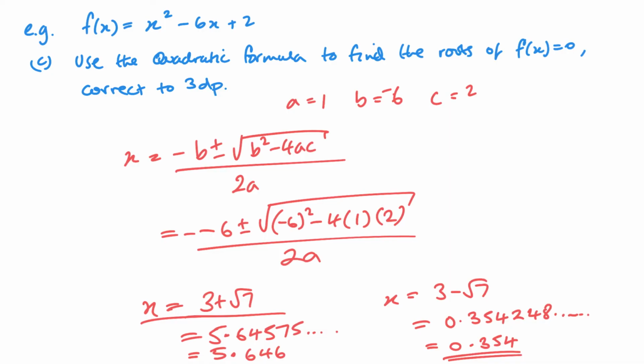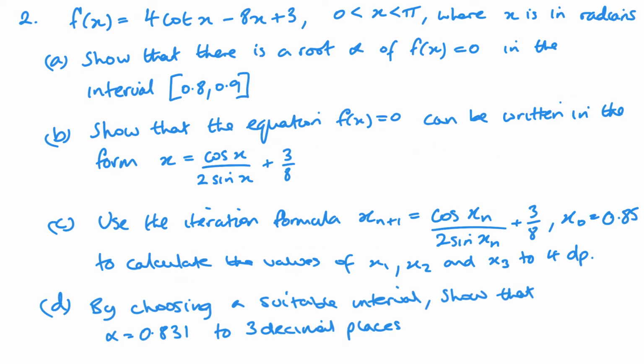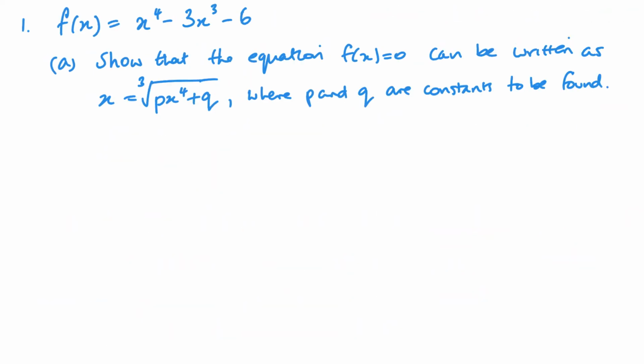Now I'll give you a few to try. So in this one, we know we want the cube root. So the first thing we want to do when we rearrange this is make sure we have our cube equals.